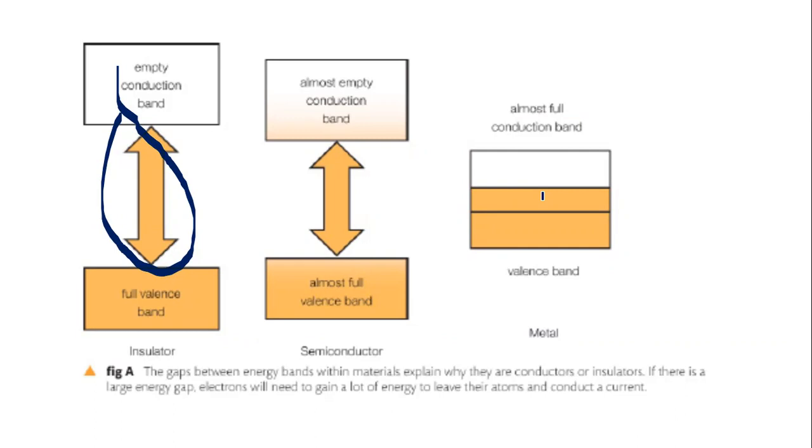If they gain enough energy, they will be able to go from the valence band to the conduction band, and then they will be able to delocalize. So this is why a semiconductor can partially conduct electricity in certain conditions. In certain states it can conduct electricity, due to the gap between the valence band and the conduction band. In insulators, the gap is so huge that it is simply not overcome by electrons, and as a result, insulators do not conduct electricity.